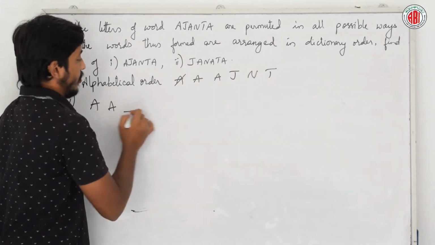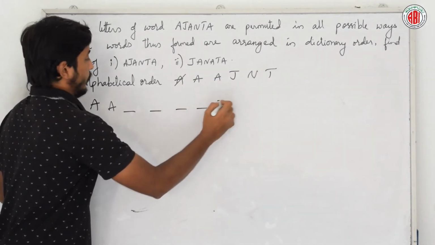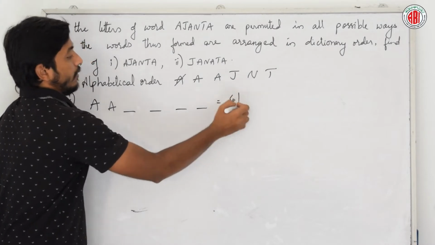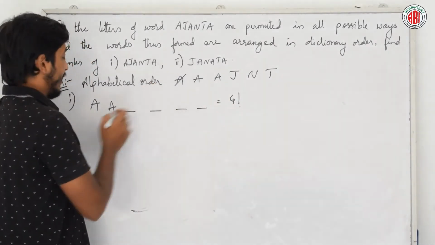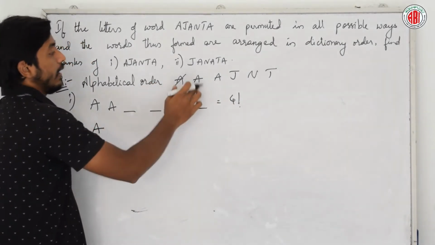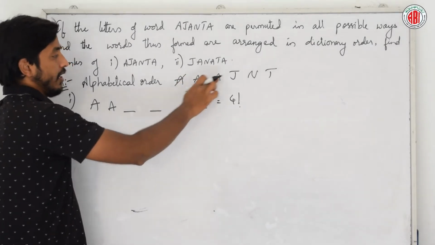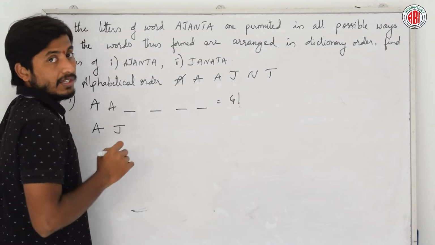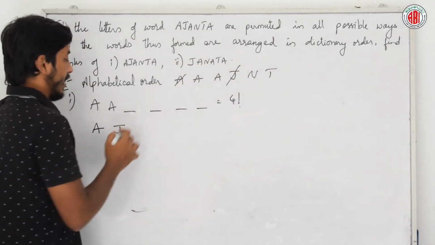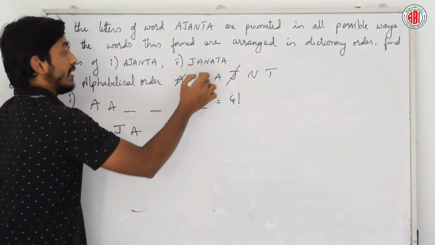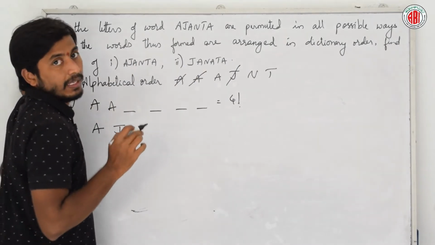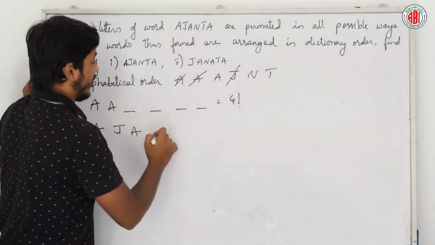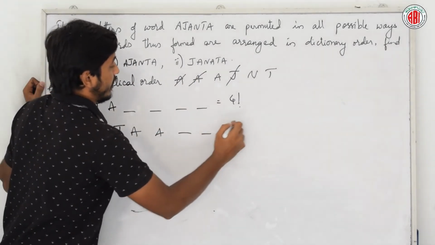So let us write 1, 2, 3, 4. 4 factorial. And the next A is not done, so this is also done. Then we go to J. Yes, J is what we expect. Next again we come to one more A. This also fits. Finally we are left with the next A. Only 2 letters are left.